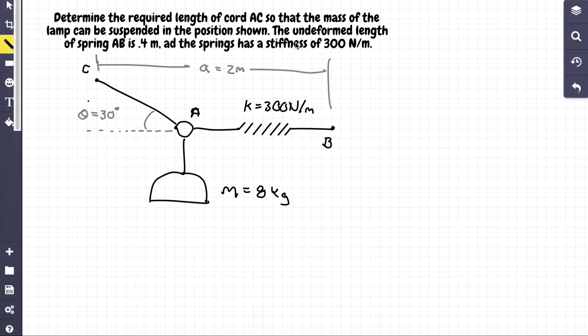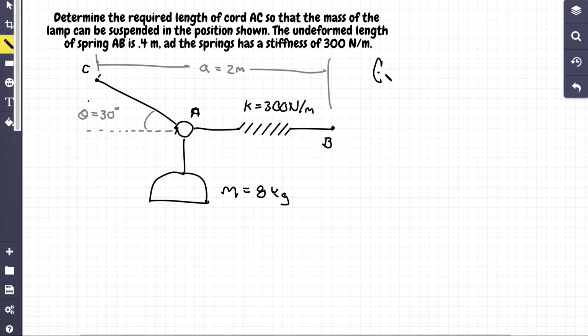Now, it says it wants to determine the length between A and C. How would we get that? So first we'd have to figure out the forces, and that's what we're going to first find out in our part 1 series. And then in part 2, we'll discuss how to get the rest. But let's set up the problem.